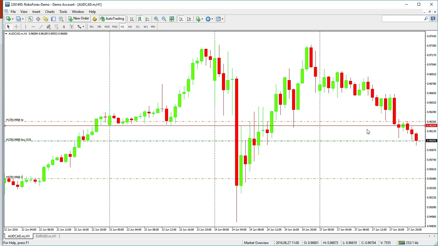But in version 5.7, our take profit is fixed at this level. If you have chosen it to be at 40 pips, it will stay there, it will not move at all.